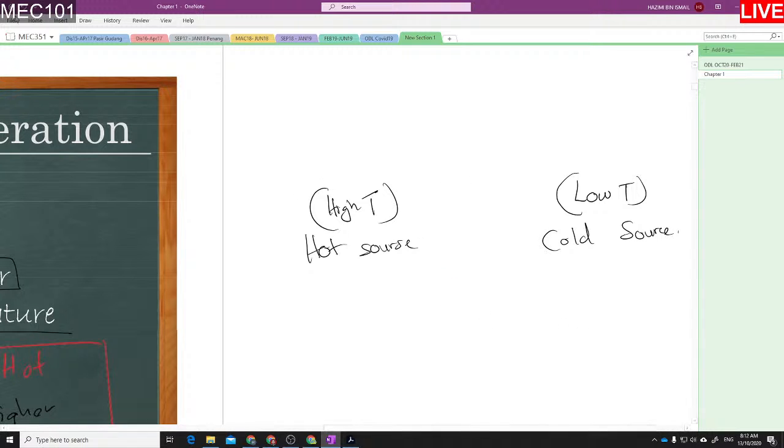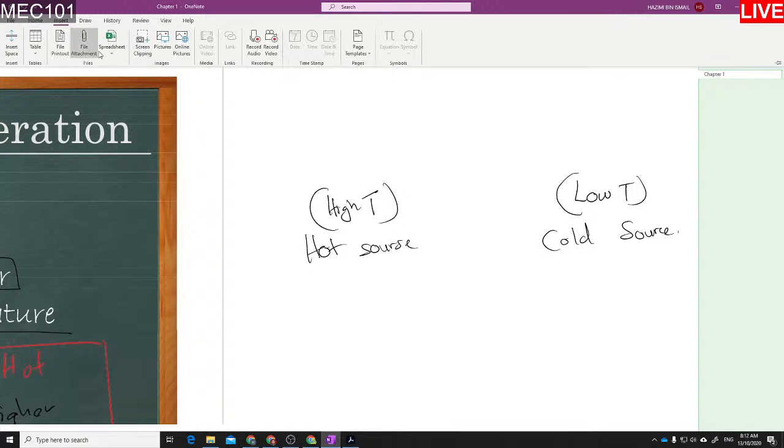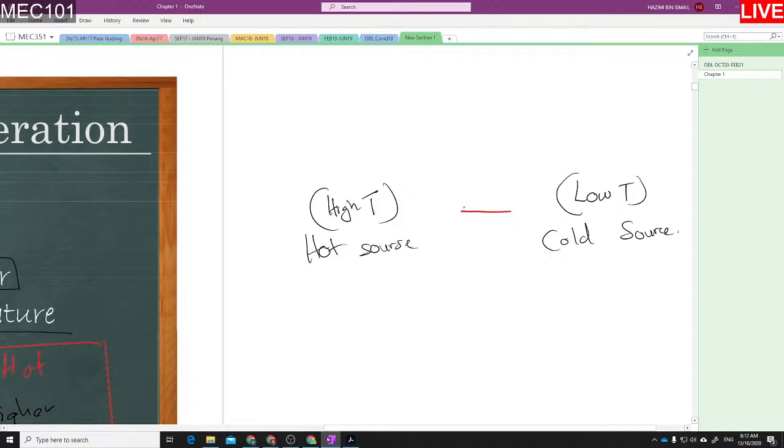Low temperature region means the cool source. By nature we transfer from high to low. As an example, a cup of coffee: you leave it 2 or 3 minutes, the temperature will go down.